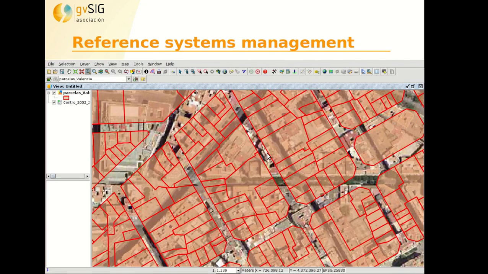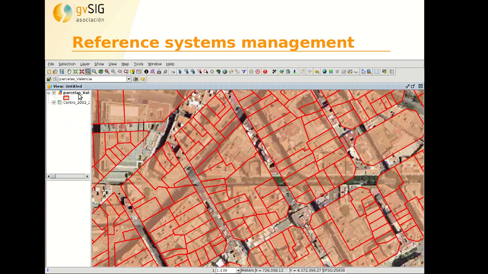In this case, for finishing, we can see a view in a concrete reference system and two different types of cartographies. We can see that they aren't overlapped correctly.